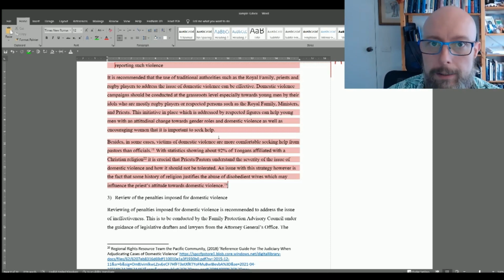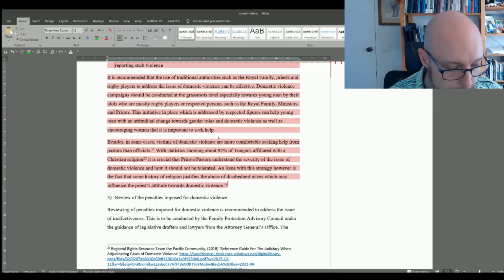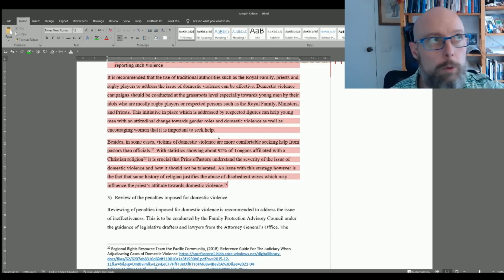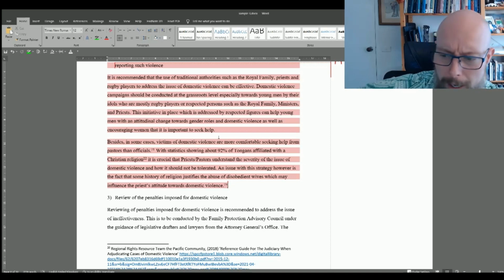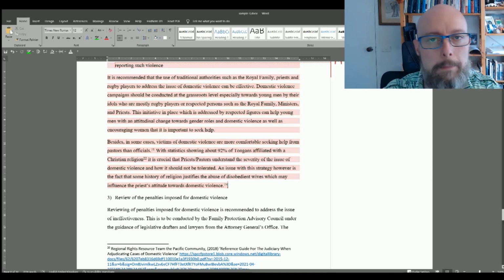Lots of ways. We've got existing programs that currently do that. We've got NGOs and other groups that could be doing it. We've got this council that could be doing something else. And we've got priests and pastors and other community members that we could get involved. We've got rugby players. We've got all these groups that we could draw together into campaigns and strategies for dealing with this.